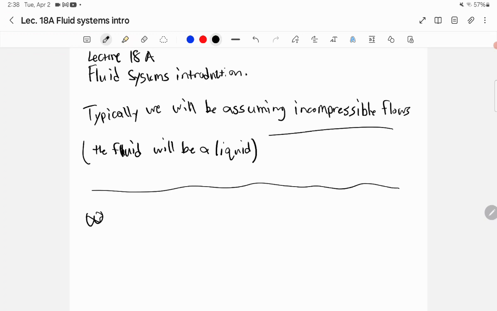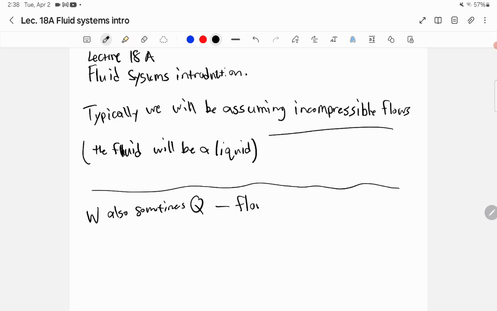This is not meant to be an omega, sorry. This is a W. It's also sometimes written as Q, and this is the flow rate.